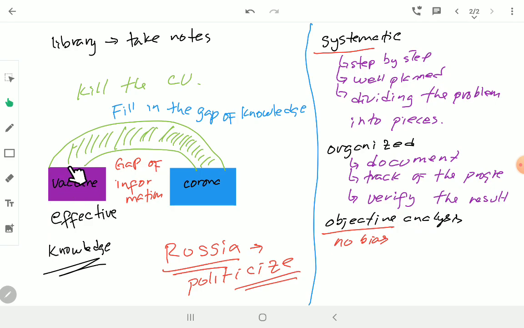But here is WHO telling Russia to go make a further investigation. So, is it objective? No, because you politicize it. Let's say you ask your mom, "Ma, am I beautiful?"